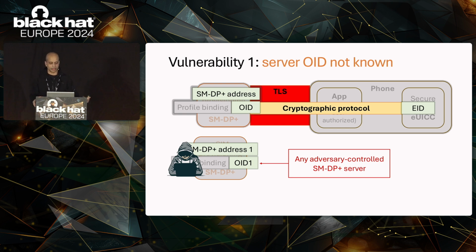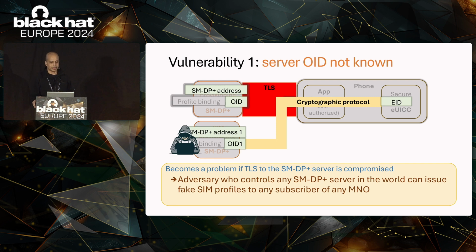There are around 40 SMDP servers in the world, and if one of them gets compromised or is under the control of an adversary, and the attacker can compromise the TLS layer, that would result in the attacker being able to redirect the inner cryptographic protocol to the compromised or adversary-controlled SMDP server. When that happens, the adversary can issue fake SIM profiles. That's the implication here.